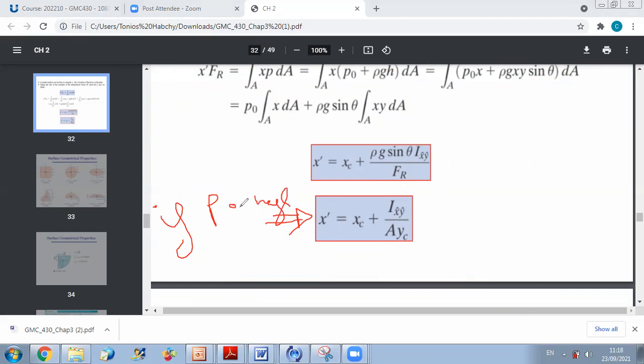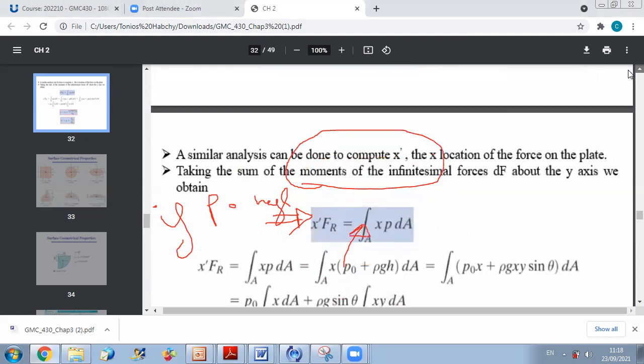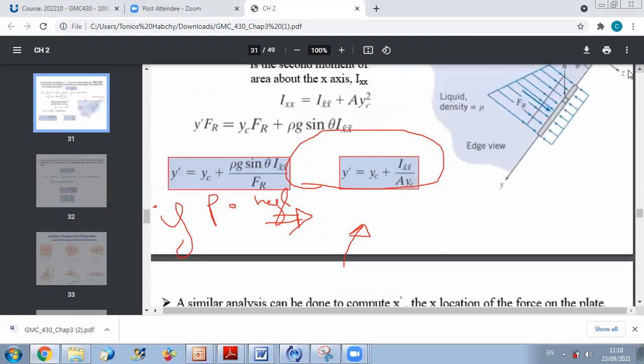If not, if P0 is not negligible, this is the general formula you can use. But in this problem, P0 is negligible, so you can directly apply this one to get X of the center of pressure. And for Y, you can apply this relation.